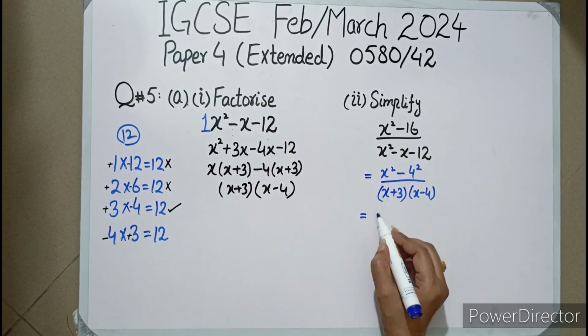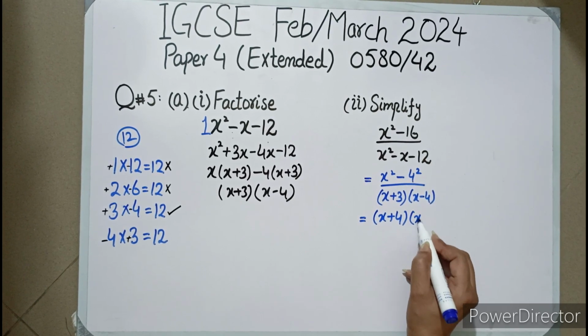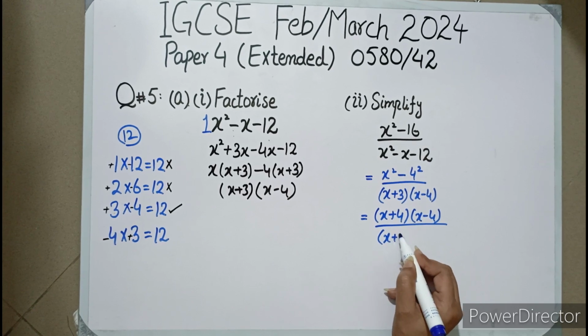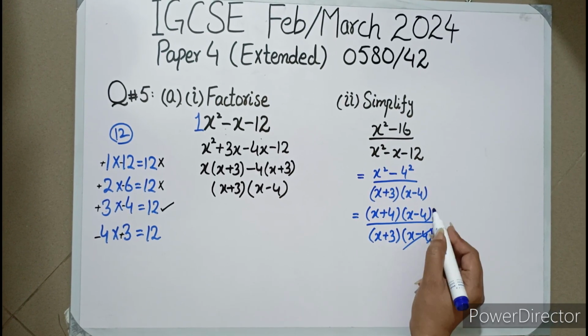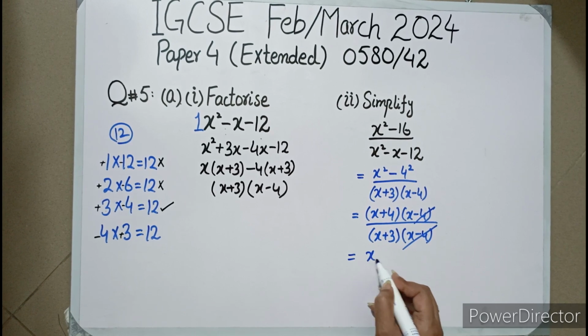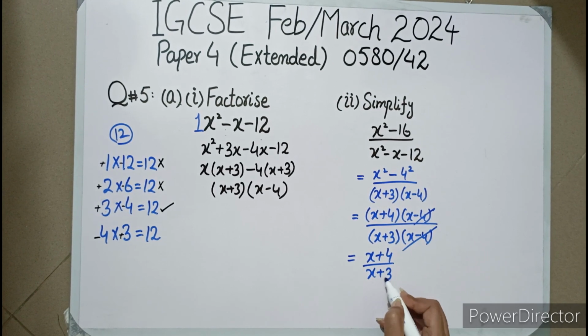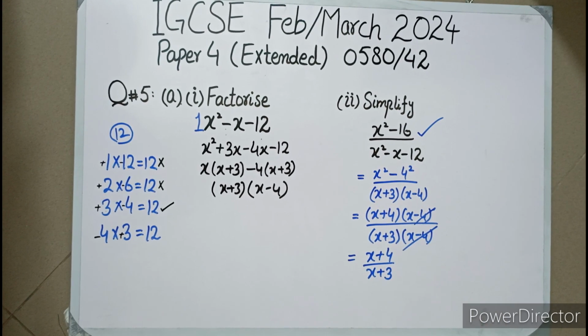Here we apply the formula x plus 4 or x minus 4. In the denominator, you are getting x plus 3 or x minus 4. After cancellation, you will get the result x plus 4 over x plus 3. This expression is a simplification of this expression.